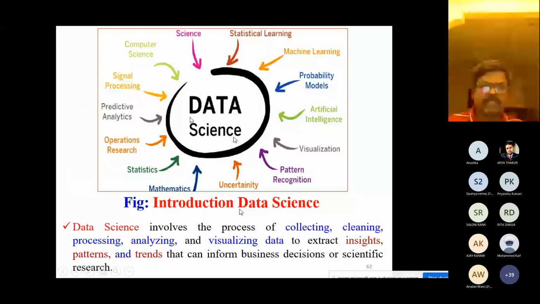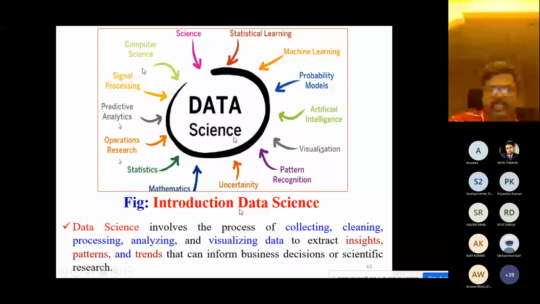So if you see introduction to data science, it uses all the kinds of data, statistical learning, machine learning, probability models, artificial intelligence, visualization, pattern recognition, uncertainty mathematics, statistics, operations research, predictive analytics, signal processing, computer science.